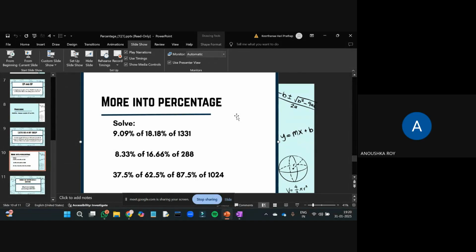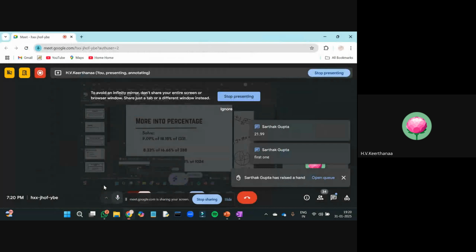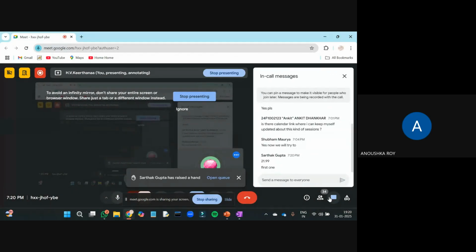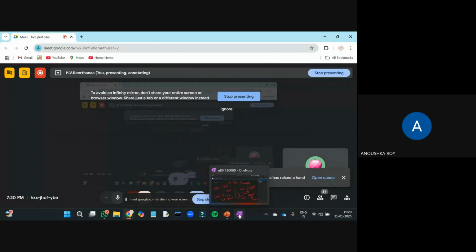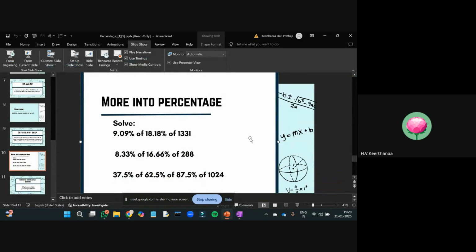Yes, Sarthak Gupta. Okay, one second, I'll come to the meet. Sarthak Gupta said the answer is 21.99. No, it's actually not in decimals, so I think you made a calculation mistake somewhere.